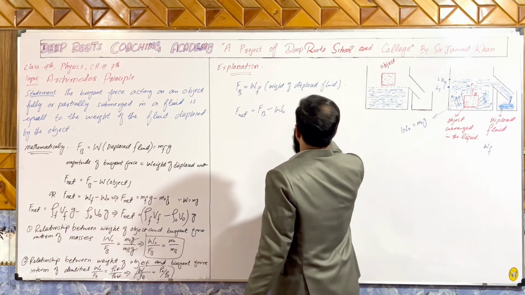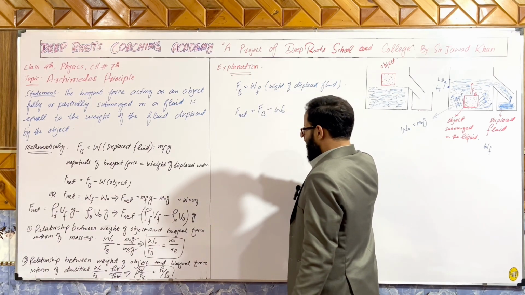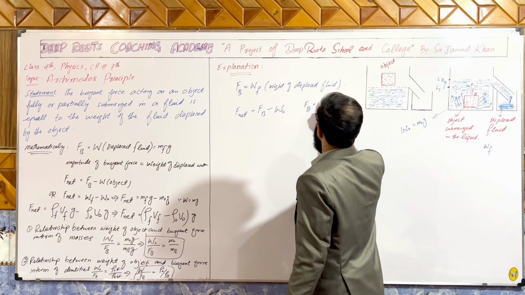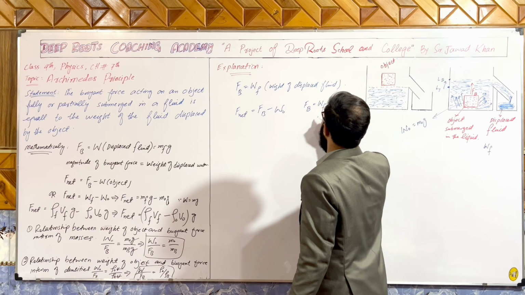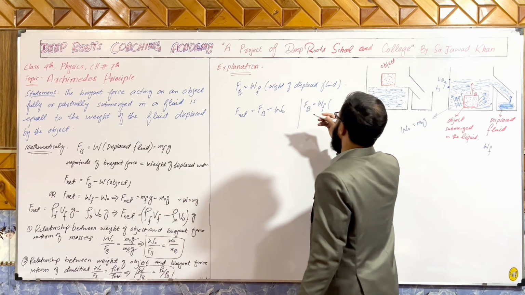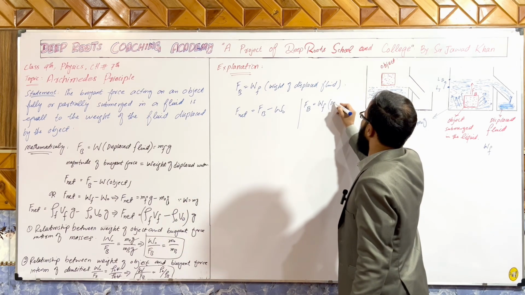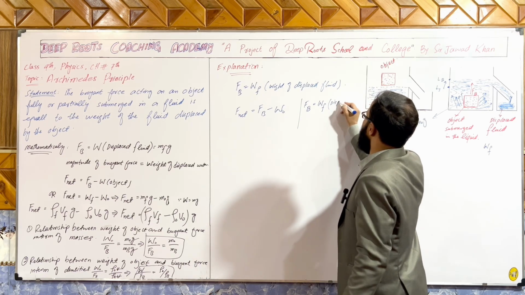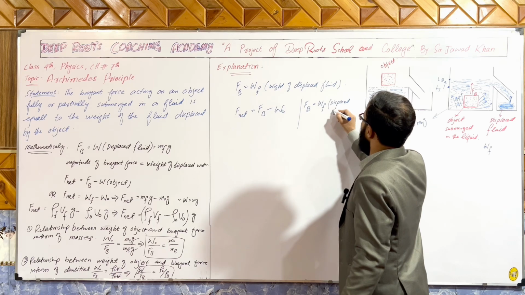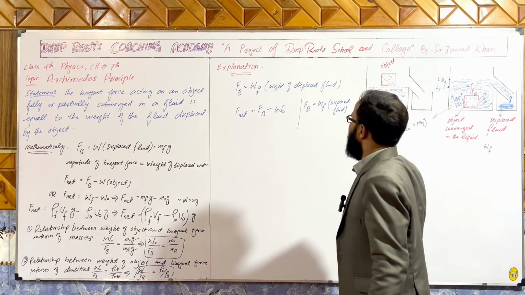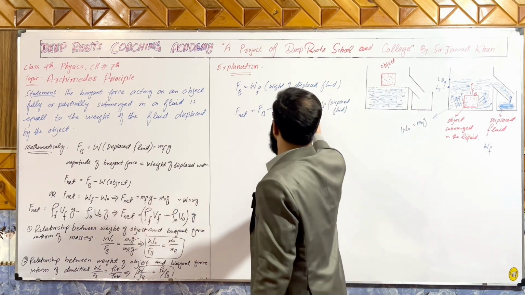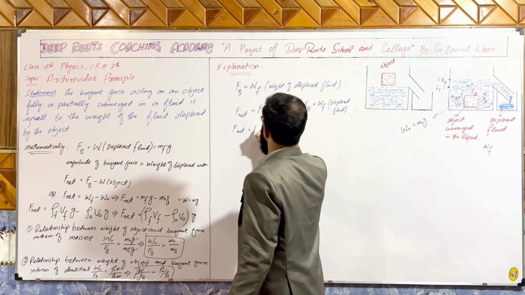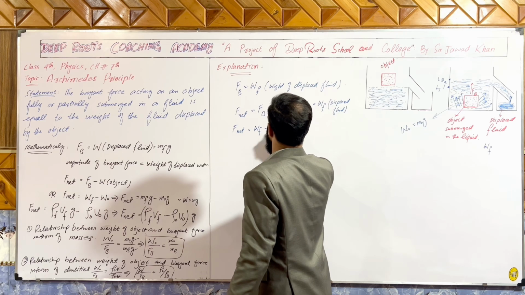Now as we know that the buoyant force F_B is equal to the weight of the fluid displaced, because buoyant force is always provided by the weight of the displaced fluid. So I can write W_F instead of the buoyant force: W_F minus W_O.